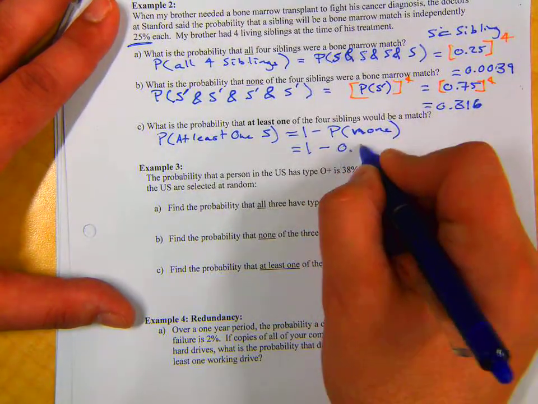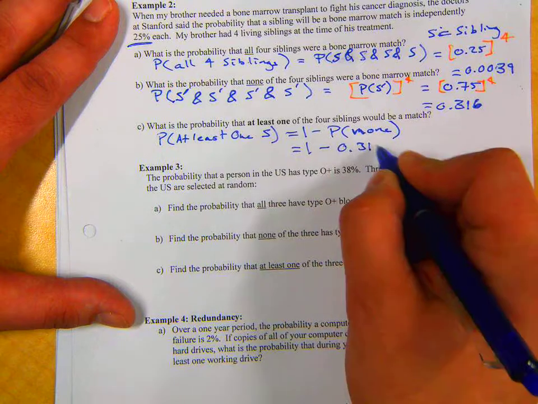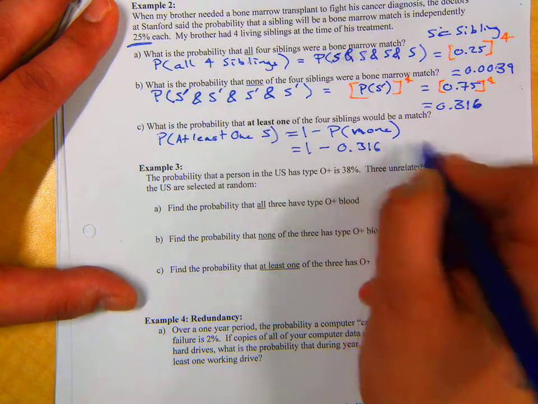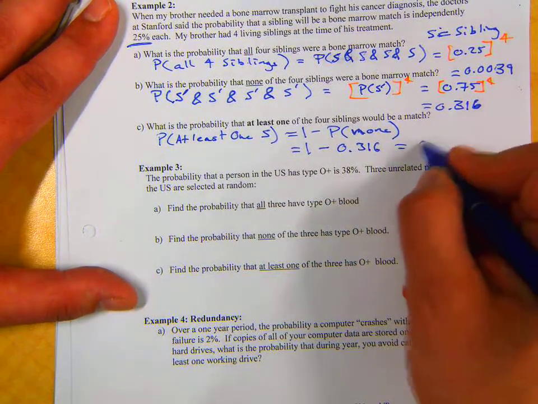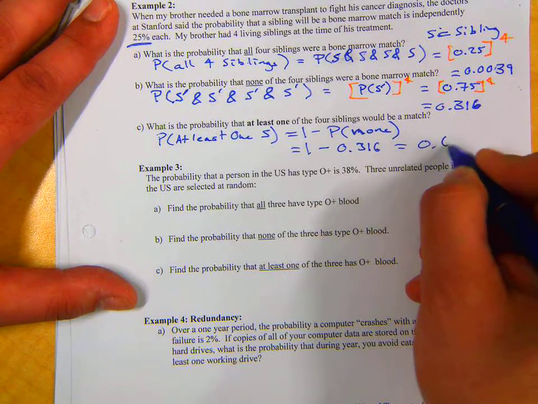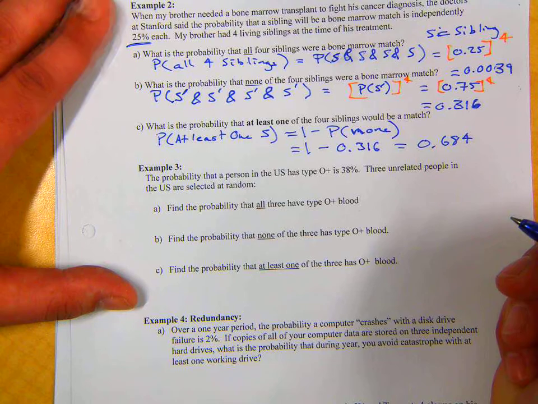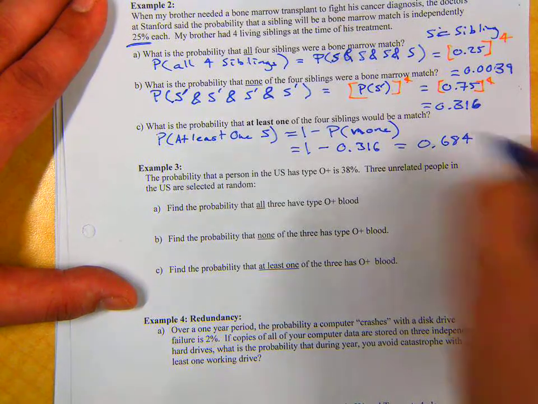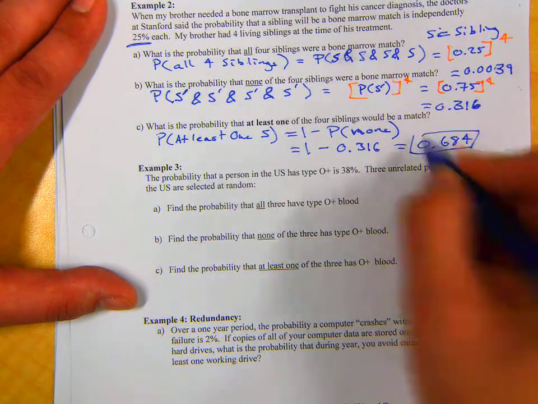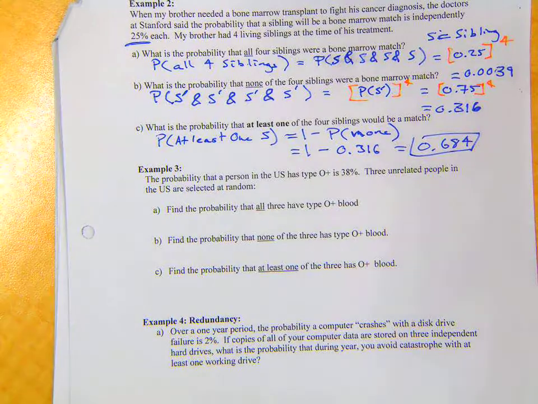So I'm gonna take away 1 minus basically 31.6%, which would be, can I do the math? 6, 8, 4. Yeah? 68.4% of the time. Yes!